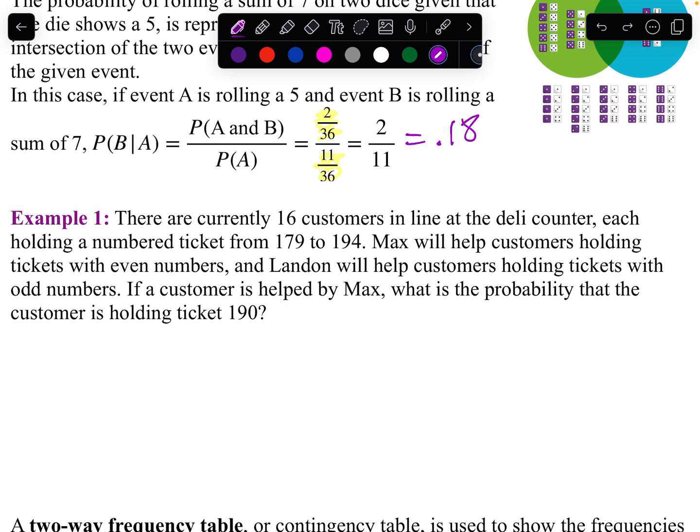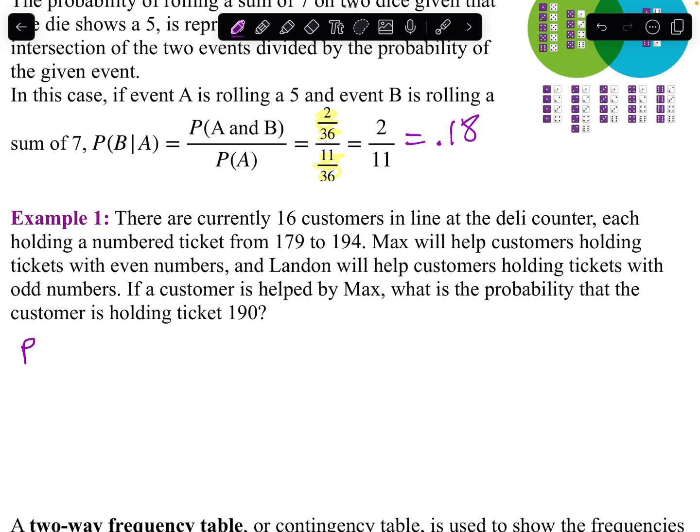Landon's going to help customers holding tickets with an odd number. If a customer is helped by Max, what's the probability that the customer is holding ticket 190? In other words, I want to find the probability that we're going to get ticket 190 given that Max is the one who helps with the tickets.